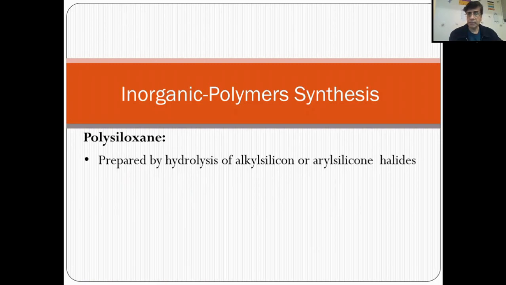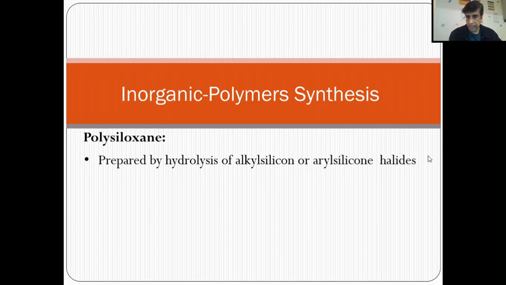the synthesis of polysiloxane. As the name says, polysiloxane is a polymer that contains silicon and oxygen in the backbone. It is prepared by the hydrolysis of alkyl silicon halide or aryl silicon halide, meaning you have to use these materials to prepare polysiloxane.